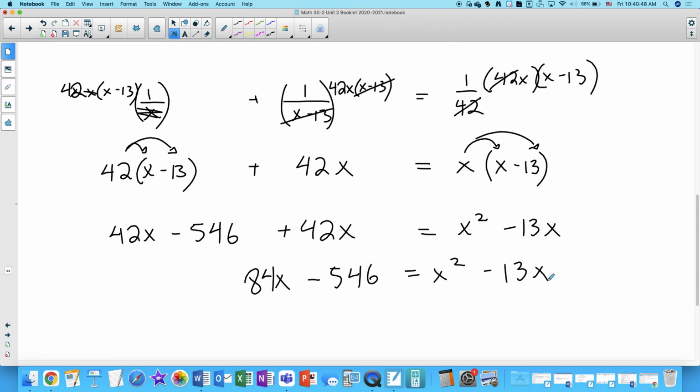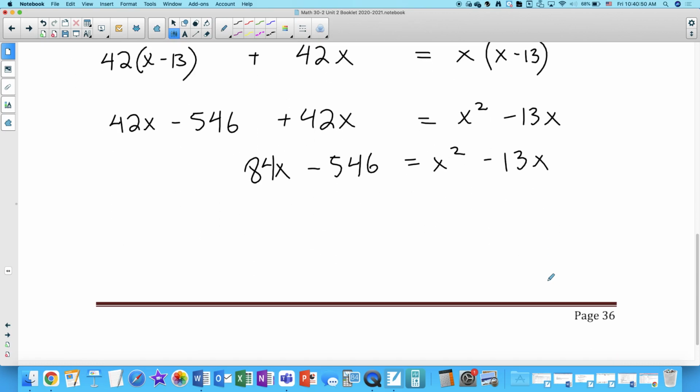Okay, what type of equation is this? Quadratic, yes. So how do we solve that? What's the next thing we need to do? Yep. Right, make one side equal to 0. And I don't know if this is just habit, but I always like to keep my x squared coefficient positive for some reason. So I usually move things accordingly.